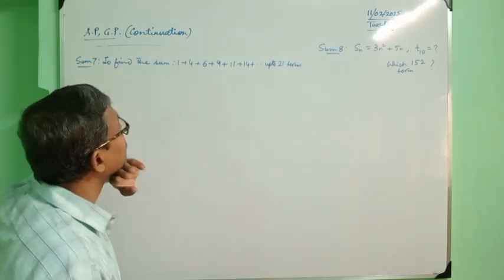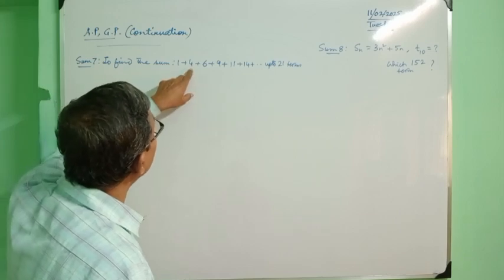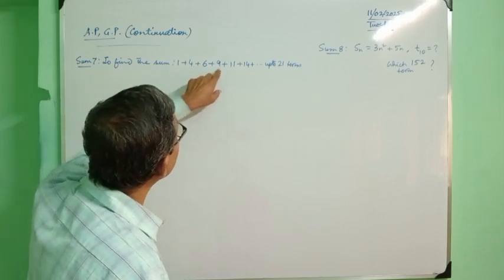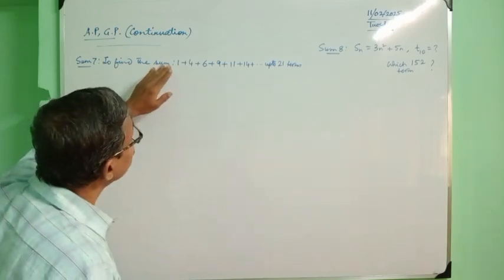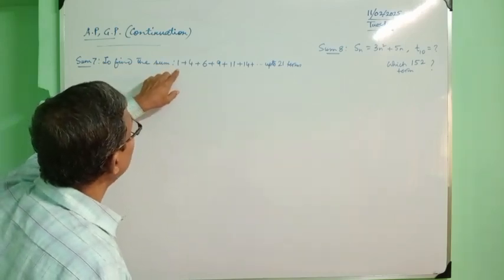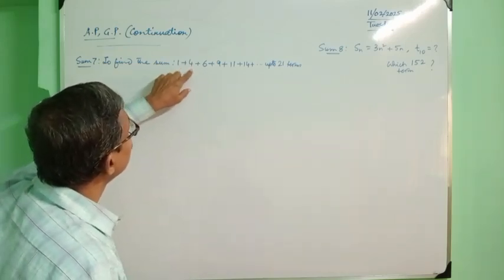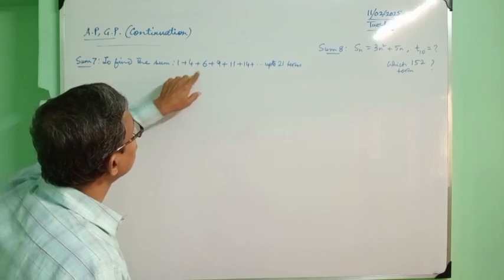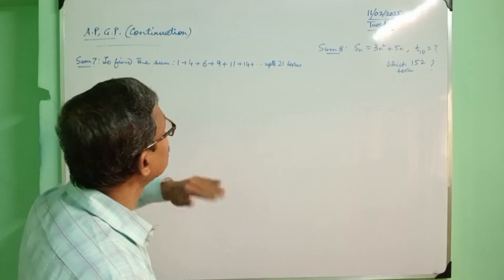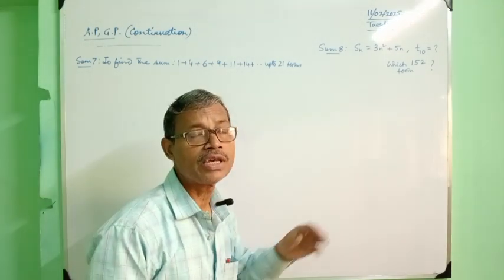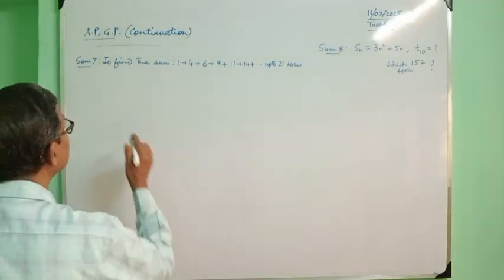Common difference is 5, and 4, 9, 14, those are also in AP. 4 is 3 more than 1, 6 is 2 more than 4. Therefore, if we consider the successive numbers, they are not in a series.